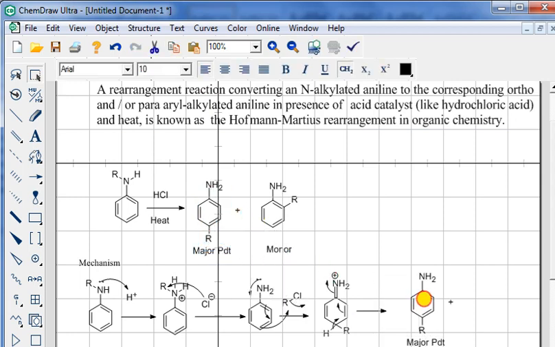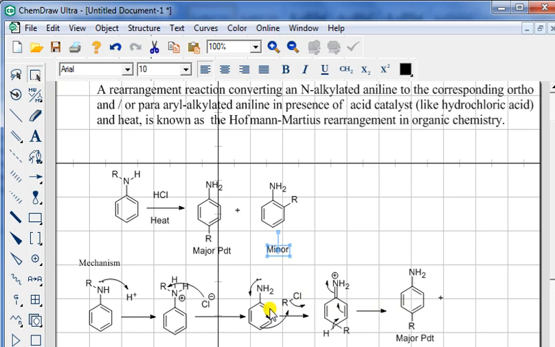So now the mechanism is over. So similar mechanism will come for the minor. Minor product. So same mechanism will follow for the minor.